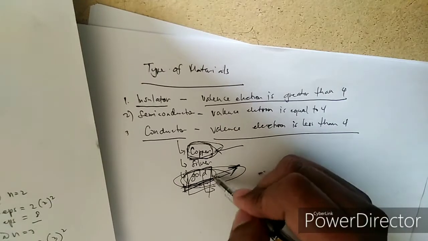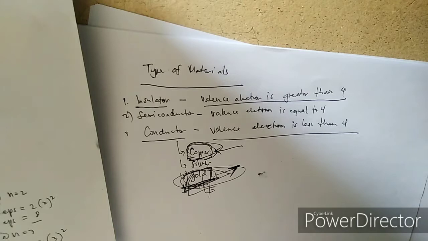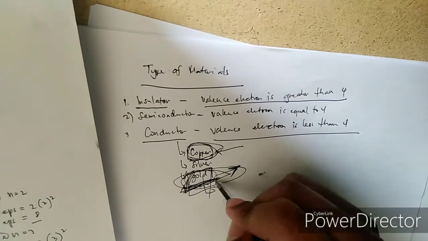Gold has more conductivity compared to copper. The most conductive metal in the whole universe is gold.